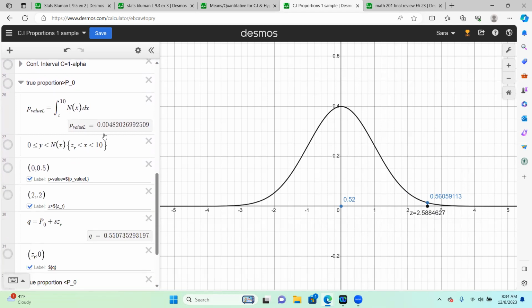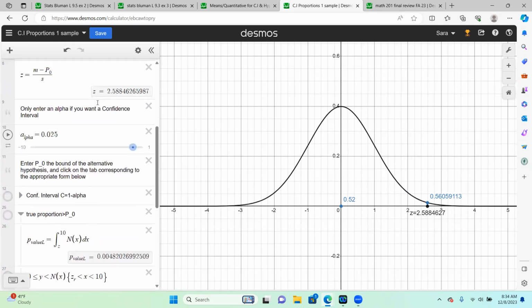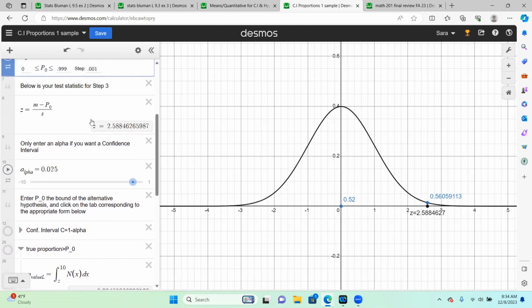And there's my p-value of 0.0048. I'm going to write that on my paper. And then my test statistic is up here, Z, and it's 2.588 or 2.59.